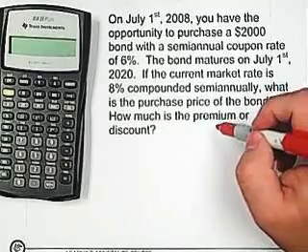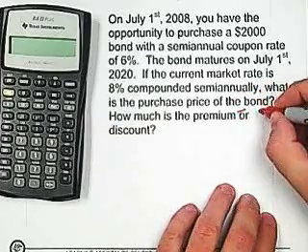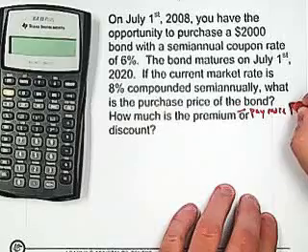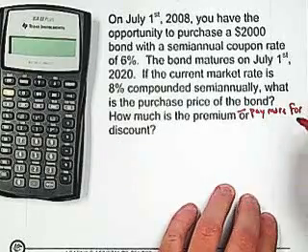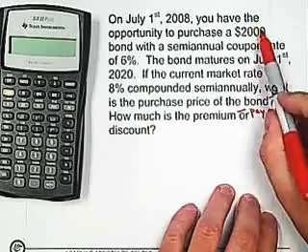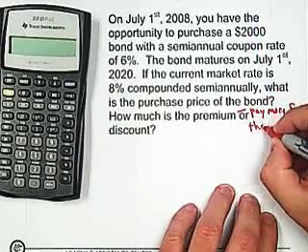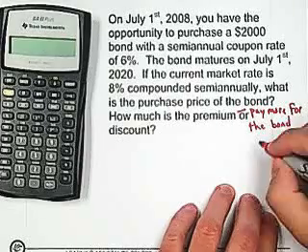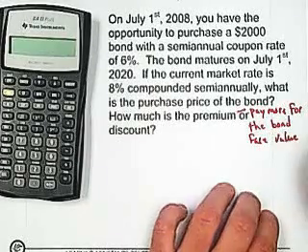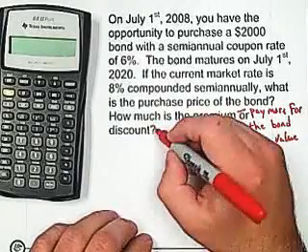Then we have a secondary question, and it says, how much is the premium or discount? A premium is when we pay more for the bond than the actual face value, and a discount is when we pay less.